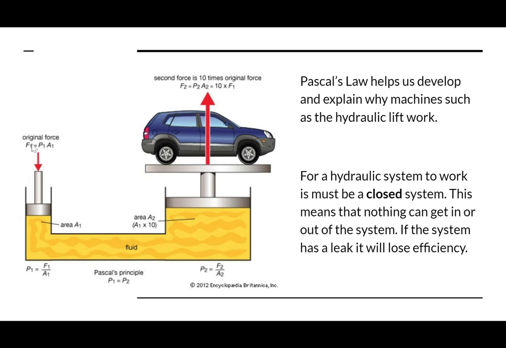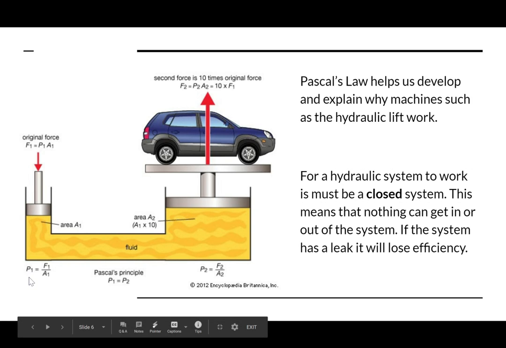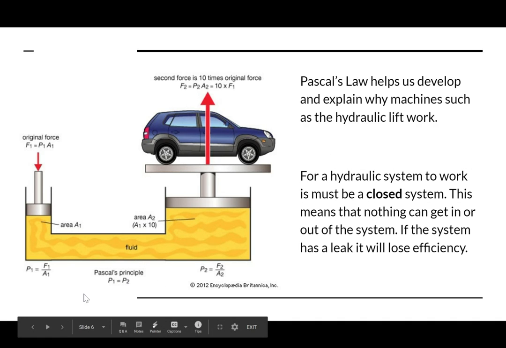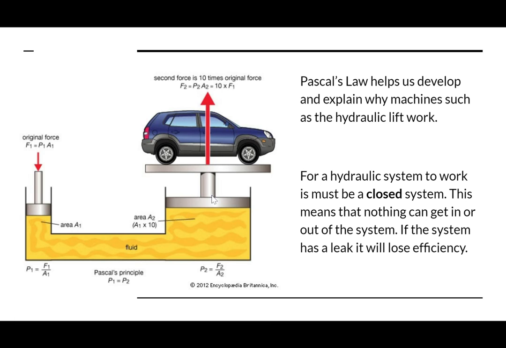So here we have the original force. Force is calculated by pressure times area, so the formula is listed here. We have an area here that's being pressed on, and pressure 1 is calculated as force over area. And Pascal's principle here, as we said, is that pressure here is equal to the pressure here.